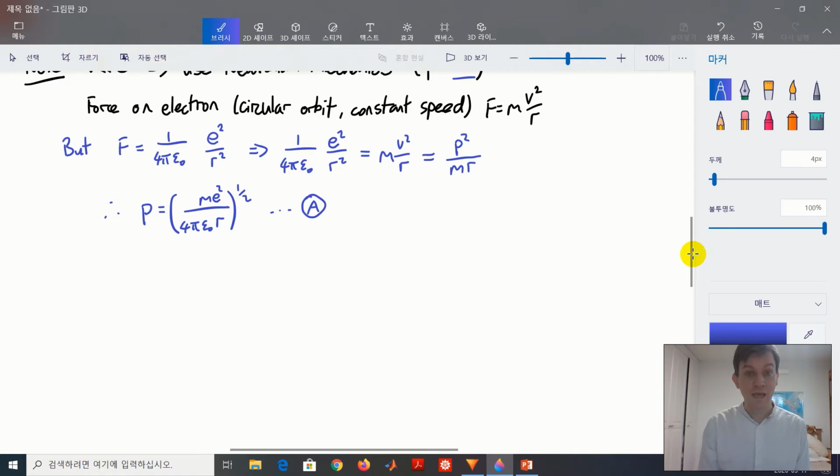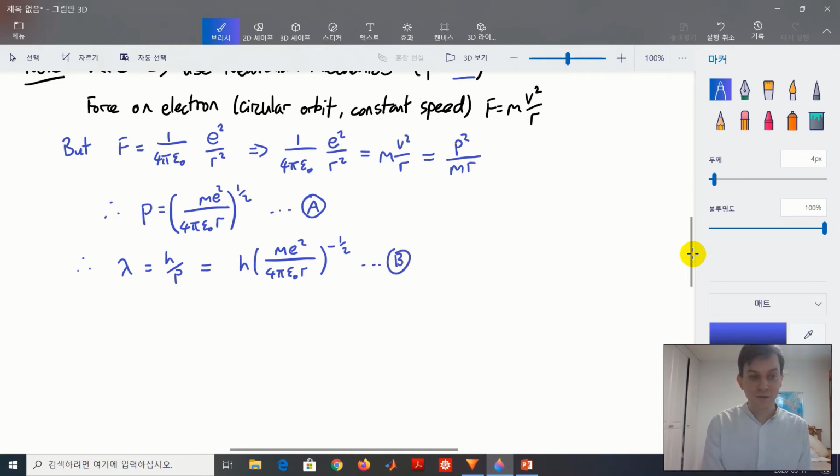I'll call this formula A because we'll use it a lot in a minute. Okay, so next, we can now use the de Broglie formula to find the wavelength. Okay, so that's just h over p. So this is h times m e squared over 4 pi epsilon 0 r to the minus a half.